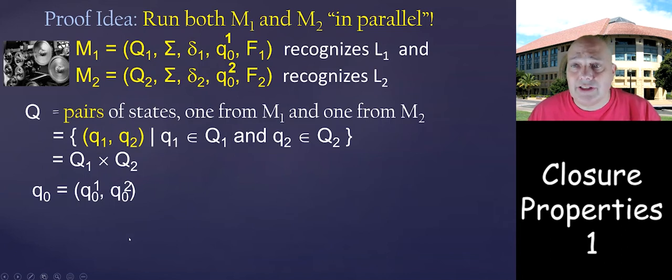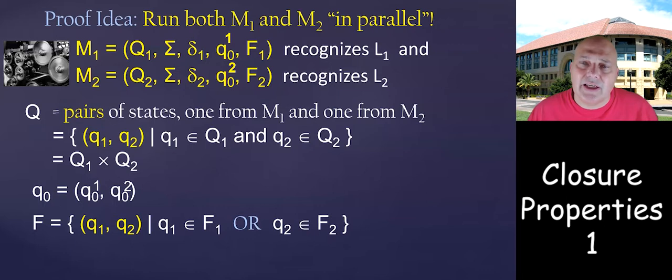The start state is Q01 and Q02, right? Because we want these to be two parallel runs, and both of them need to start from the corresponding start states. The accept states are going to be Q1, Q2, where either Q1 is an accept state or Q2 is an accept state.